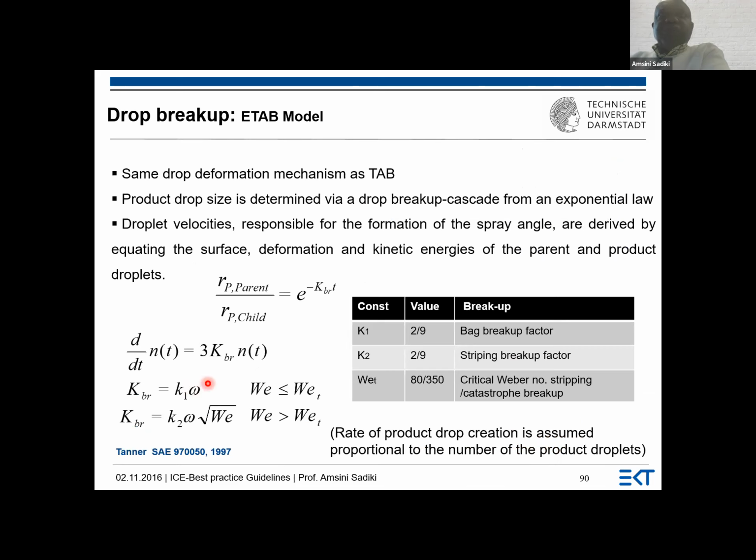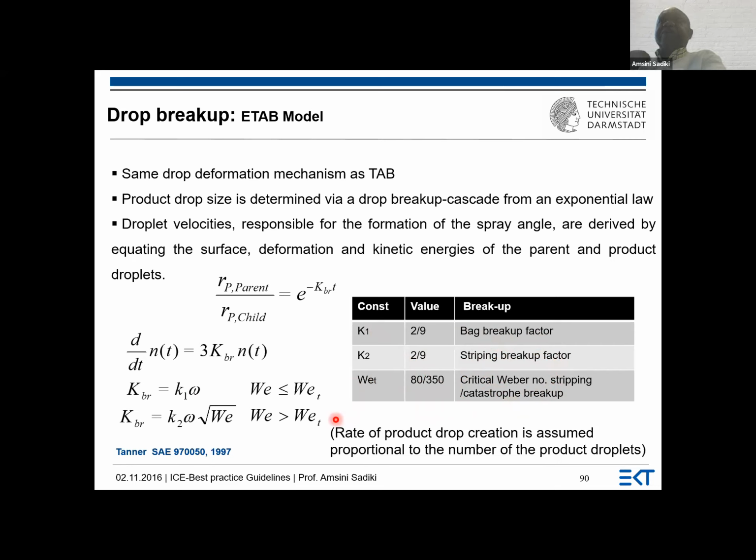And in this case, we can then obtain the value of this breakup. We have two coefficients, the bag breakup factor and also the stripping breakup factor. We can have the critical wave number for only the bag breakup, and also for the catastrophic breakup.